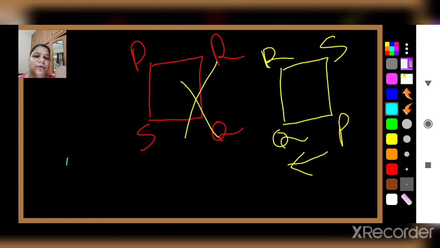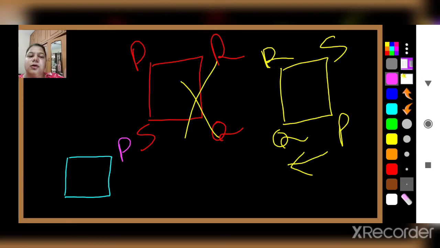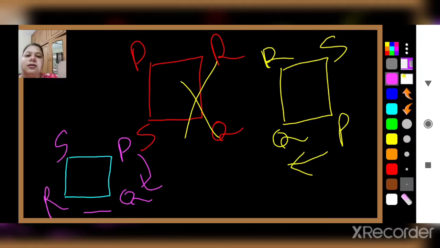Again, if I draw one more quadrilateral like this, how can I name it? If I start from this point P and move in the clockwise direction, this will be Q, this is R and this is S. Clear? So you have to go in cyclic order.